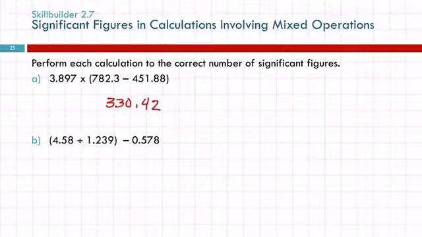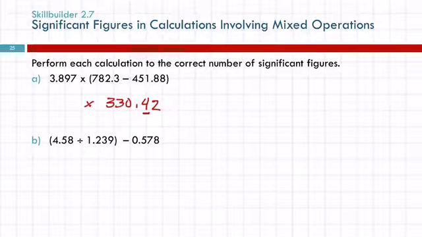If this was my final answer, though, how should I round it? Just to the first decimal place, because this number only has 1 decimal place, and this has 2. So the 4, the tenths place, is the last significant figure. I don't want to round it off yet, though, because I'm not done with my calculation.